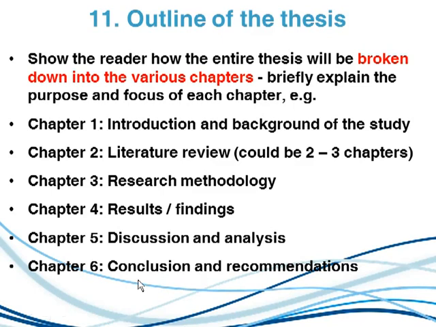This is the least number of chapters you should have. My doctorate thesis, for example, was done by publication, so each journal article that got published was a chapter, so I had 10 chapters in mine. But the least number you should have is 6.